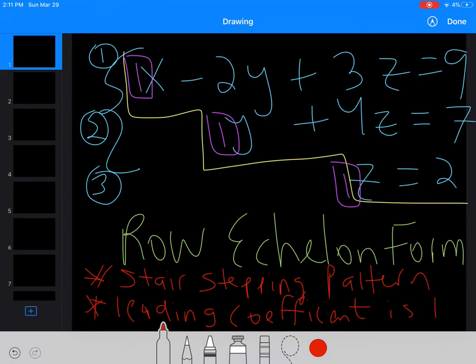All right. So once we see this, we can recognize this. Now this is a multivariable system because we have 3 different variables here, x, y, and z.